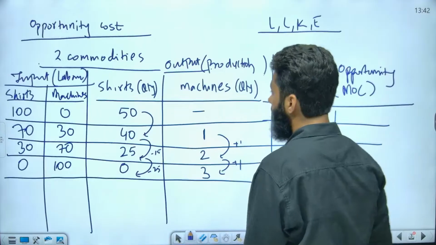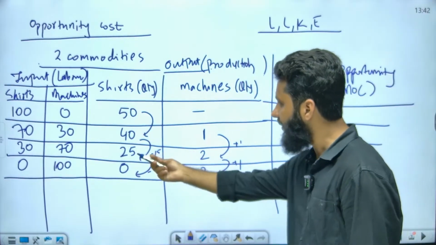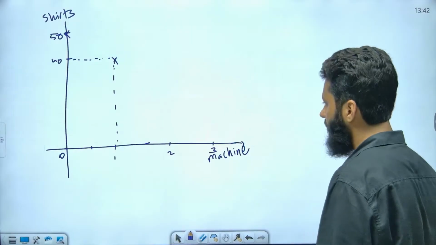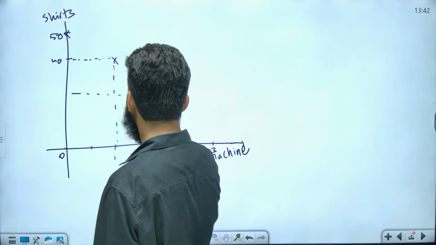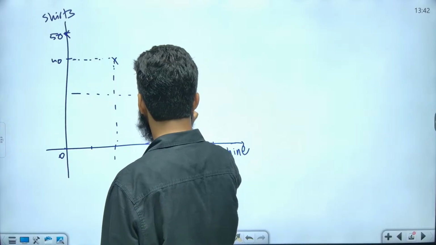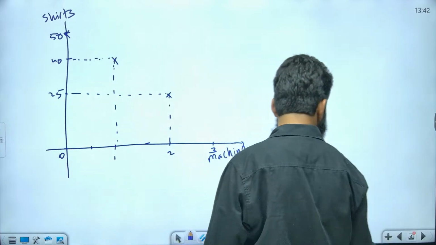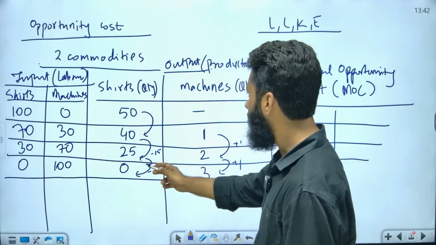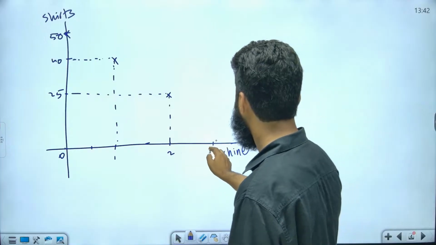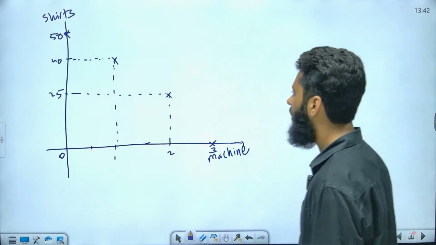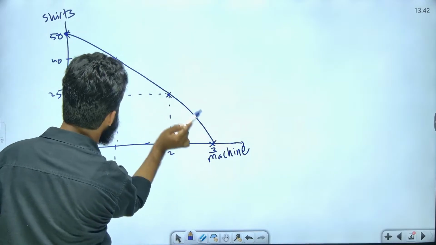Now for 25 shirts we are able to produce 2 machines. So suppose this is 25 and these are 2 machines. Then 0 shirts and 3 machines. This is the point. Now we can join these points that we have got. It will be like this.